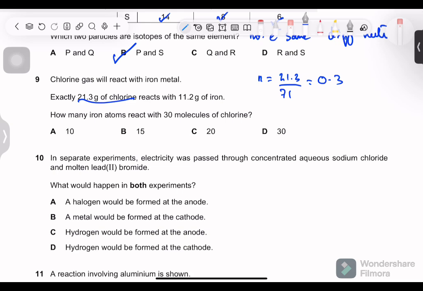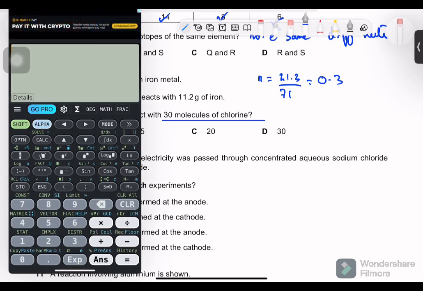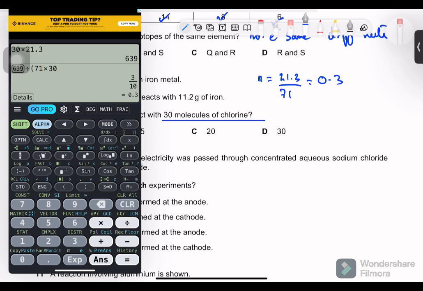So if there are 30 molecules of chlorine, they should have a mass of 30 multiplied by 21.3, so 639 divided by 71 times 30, so 0.3, still 0.3, yes.